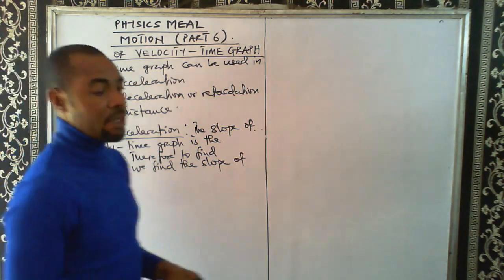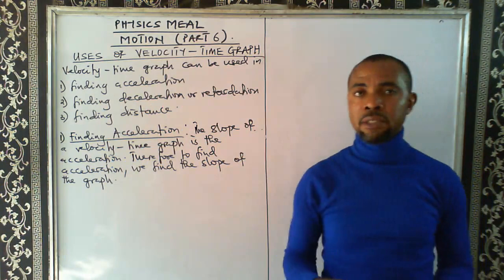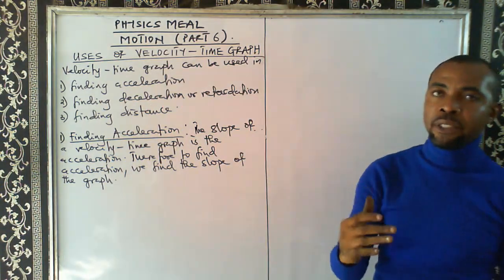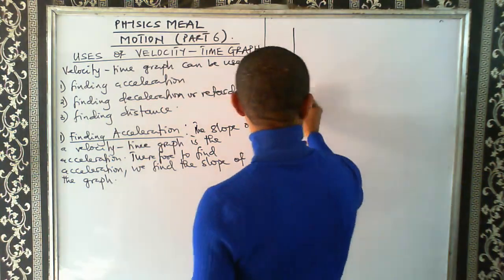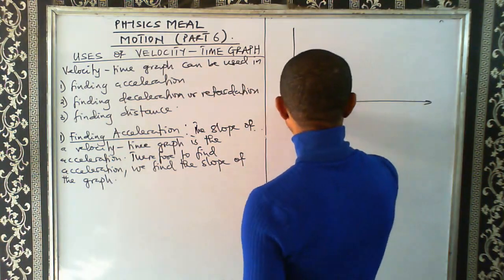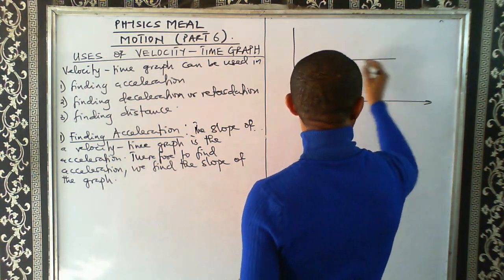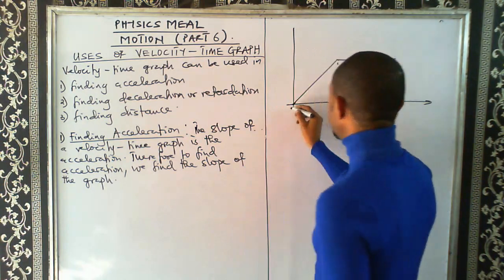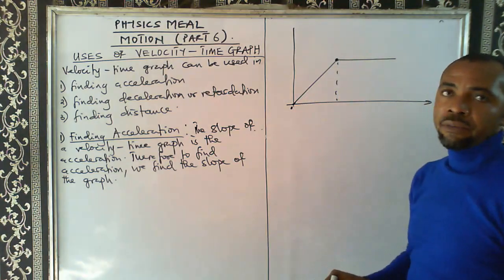Now, any region where we have acceleration, we have 2 points. So acceleration has a starting point and an end point. So if you have this, this is the starting point of acceleration and this is the end point of acceleration.